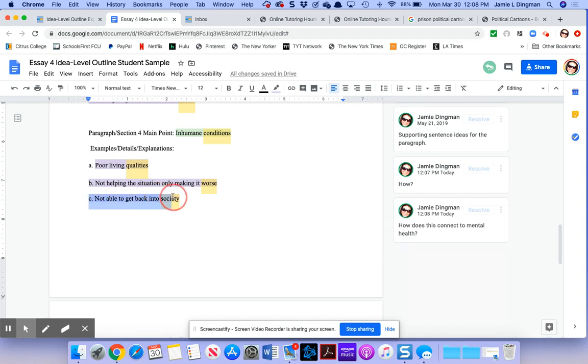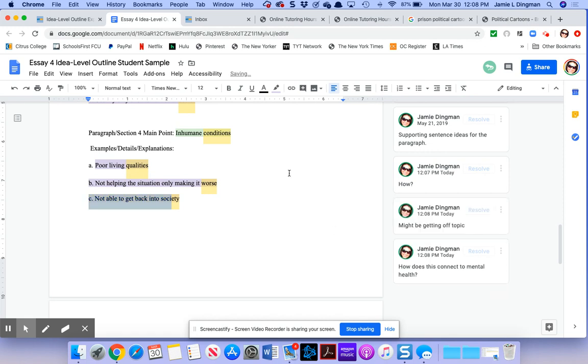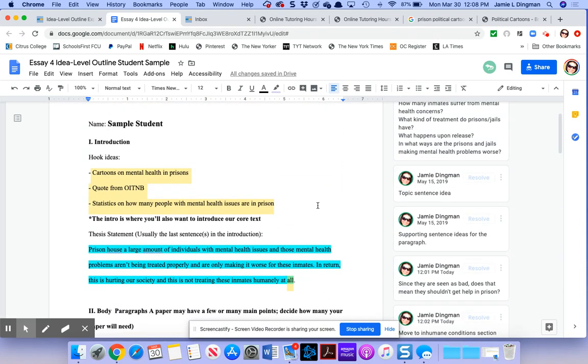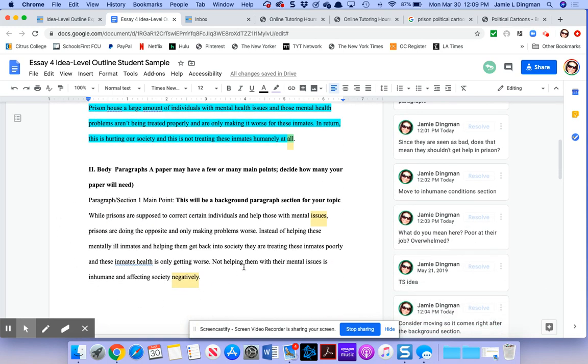So I'd put maybe another note here. Might be getting off topic. And you want to watch that because it's really easy to try to pull in way too much on this paper, right? Because a lot of these issues are related, but you want to make sure you're not taking on too big of a topic. Remember, this is a 6-page paper, and you are going to be spending some time, as I indicate up here in the introduction, summarizing Orange is the New Black, and then explaining your prison problem.